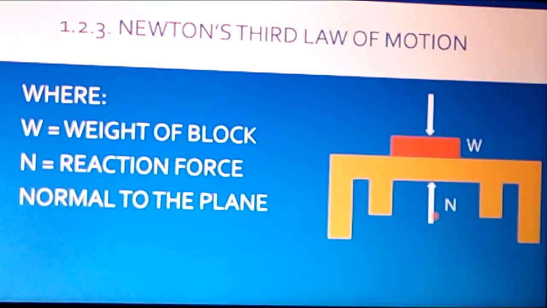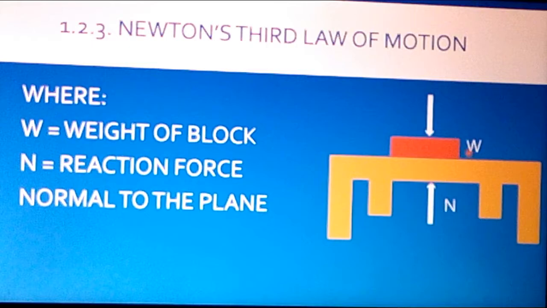As you can see, the red box, or the object here, is near the W, and the W represents the weight of the block. Downwards of the table, the N represents the reaction force normal to the plane, while the arrows, as you can see, are in opposite directions.